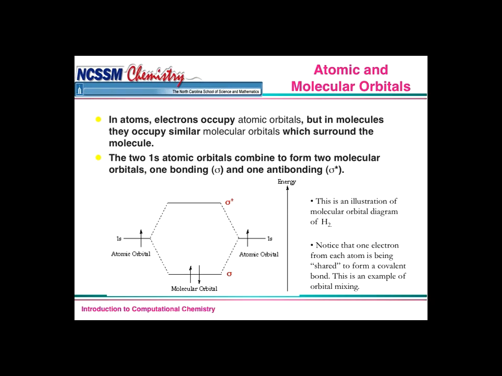And if I put these two things together, the 1s orbitals will overlap, and again, it's 74 picometers. And when they overlap, it turns out that they become more stable. In other words, the energy goes down, and that's what you see there in the middle where it says molecular orbital. So notice that the line there in the middle labeled sigma, that's a sigma bond, is at a lower energy level.